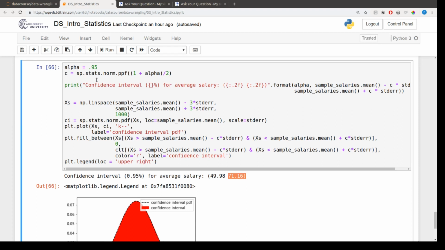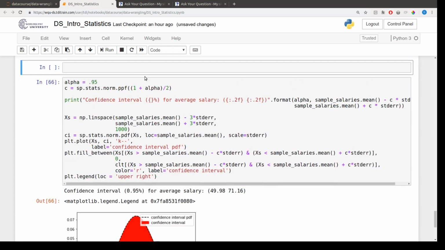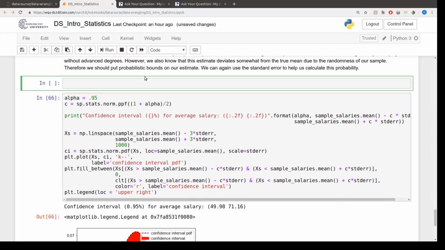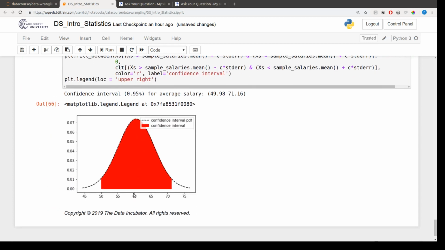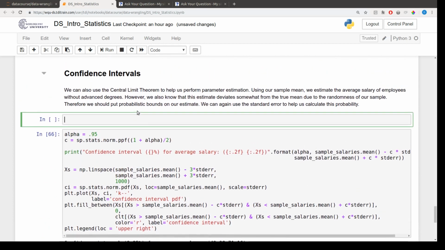I first of all established the level of confidence I wanted, 95%. And then I can calculate the z-score that I need for capturing 95% of the probability on either side of 0, or symmetrically around my sample mean.